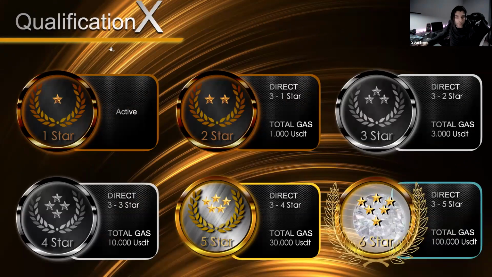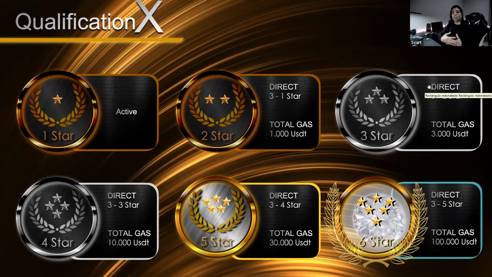The 6 different ranks that we saw before can be achieved by 3 different structures that achieve the previous rank.